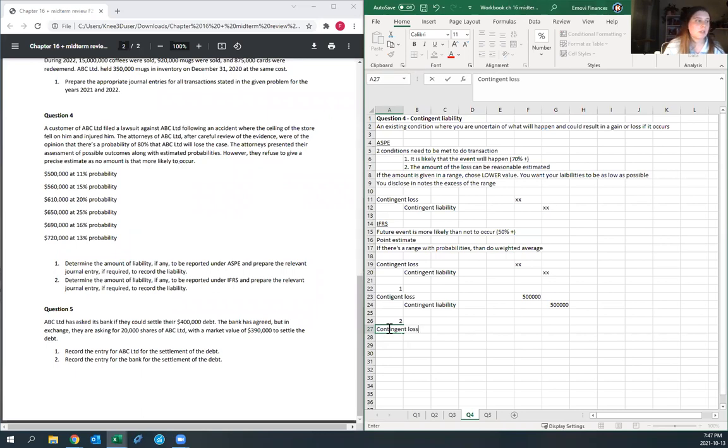So it's the same transaction, contingent loss, contingent liability, and then for the weighted average: $500,000 times 11% plus $560,000 times 15% plus $610,000 times 20% plus $650,000 times 25%, $690,000 times 16%, and $720,000 times 13%.